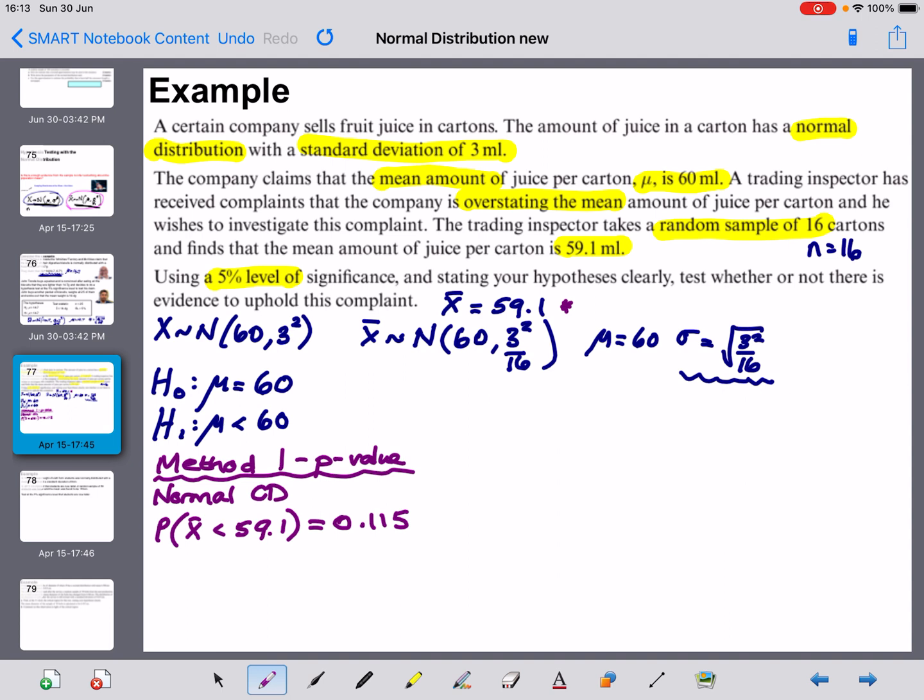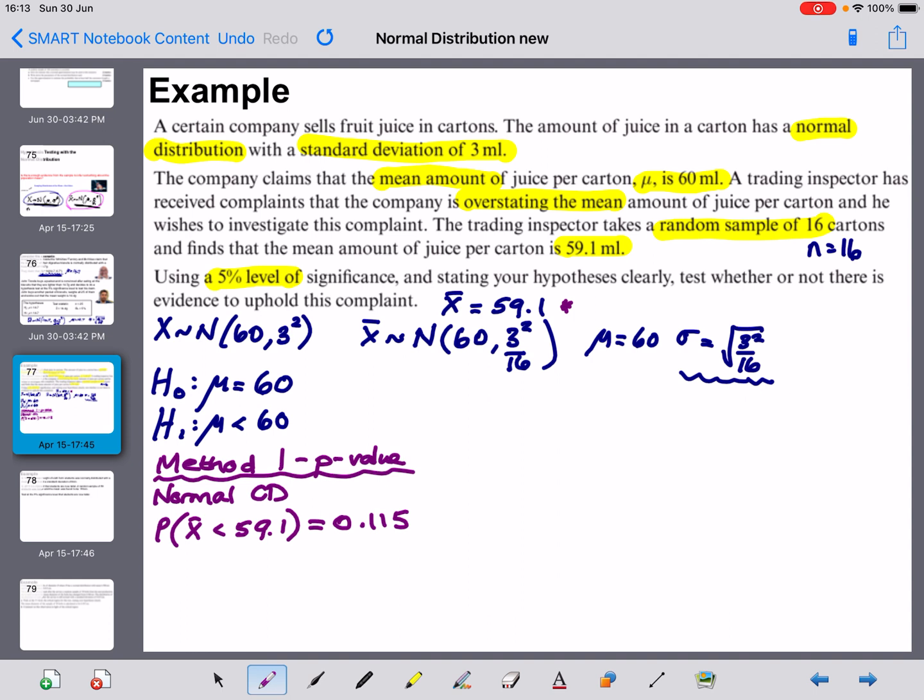Okay, now what does that mean? We're looking for a significance level of 5%, meaning in order to reject the null hypothesis, we need a probability that's gone below 5%. According to that, there is an 11.5% chance of getting 59.1.